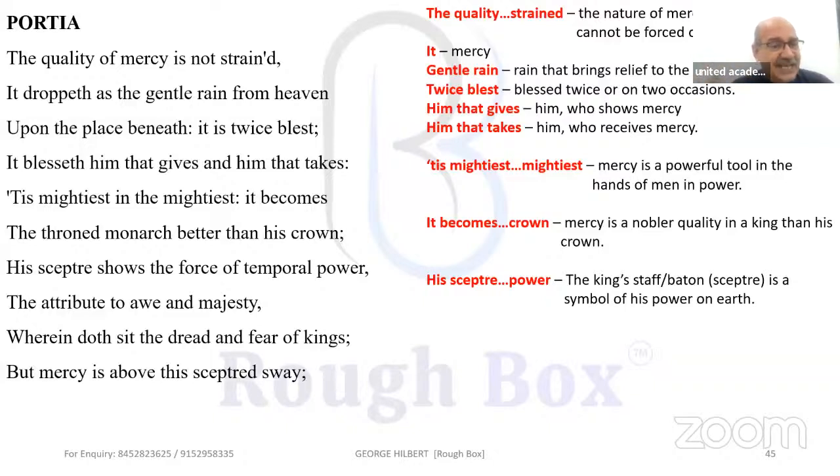Not only in admiration, but also in dread and fear. That is why when the king passes you, you don't look at him. You bow down. You cannot stare the king in his eyes. He might have you beheaded. So the crown and the scepter are symbols of the king's power on earth. That's why when you see them, you look up to the king in awe and admiration and also in fear.